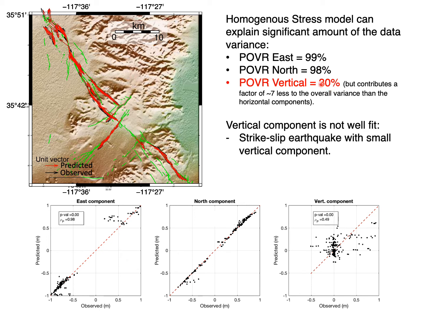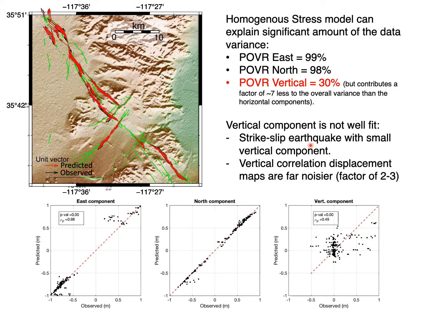One, this is a strike slip fault, so the vertical component motion is very small. So the magnitude of the signal is very small in this component. And also the vertical displacement maps are quite noisy compared to the horizontal components by a factor of 2 to 3. So this is fairly expected. But overall, you can see we find a much better fit to the horizontal components than the vertical.